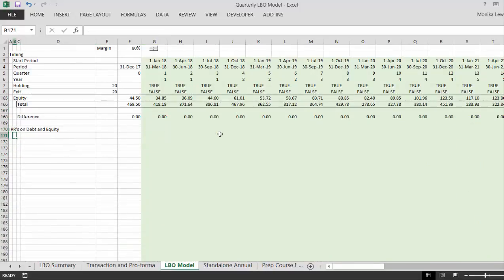We're going to compute the IRRs on the debt and equity with the cash flows. So the first thing I'll do is put in the cash flows, and then we'll annualize everything, and then I'm going to stop.